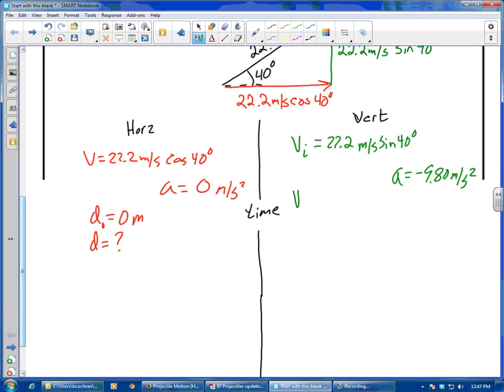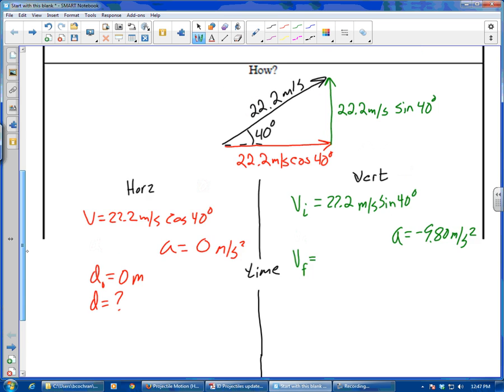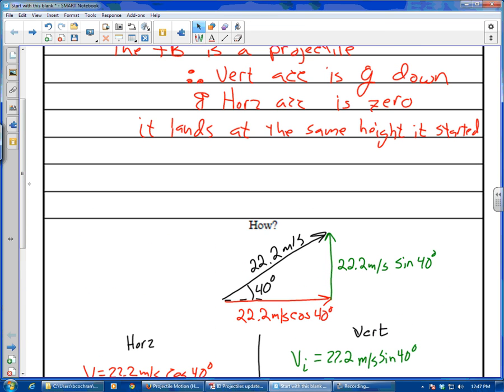Its V final, if I think about the symmetry here, if I think about this football starting here, going up and landing back here, whatever it took off with in that direction, it's going to land with a velocity in the exact opposite direction.